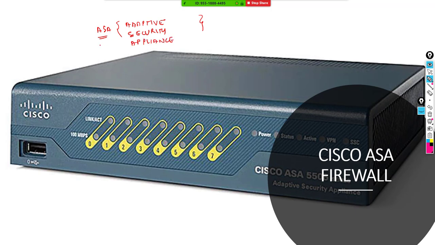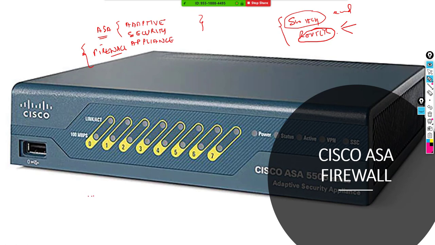And how is a firewall different from a switch or a router? Okay. What is the main function of a switch? To connect end devices. What is the working nature of a router? To connect multiple networks. Now, the main function of a firewall is to allow the permitted connections and block every other connection.